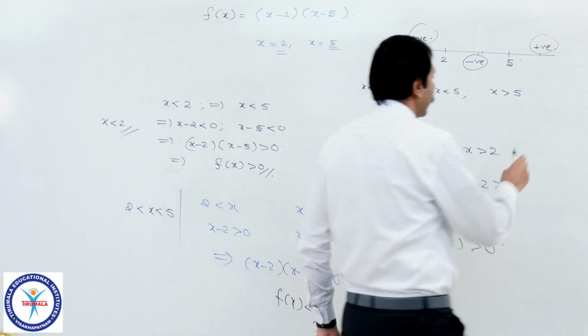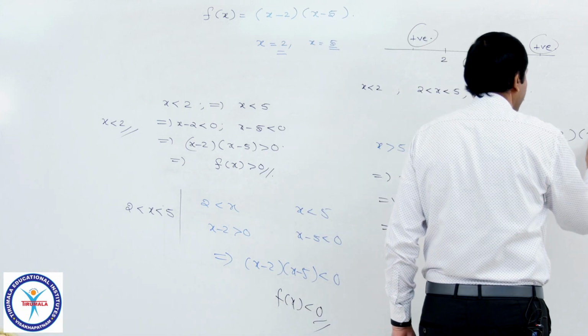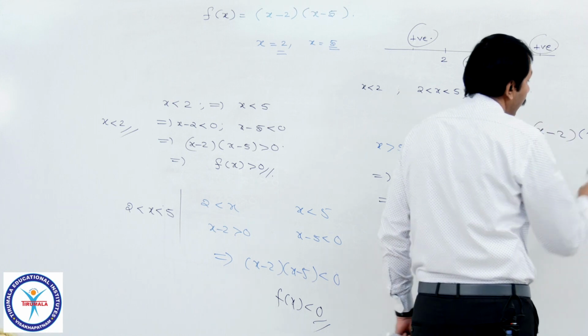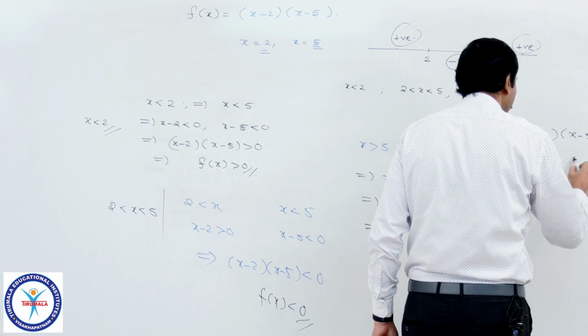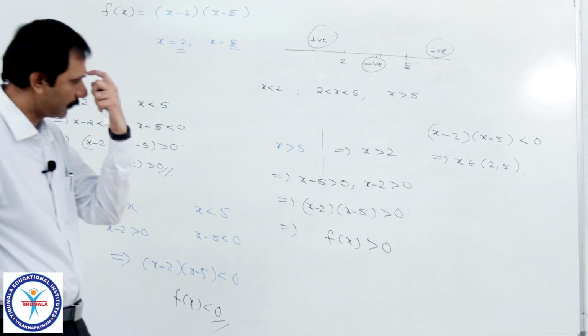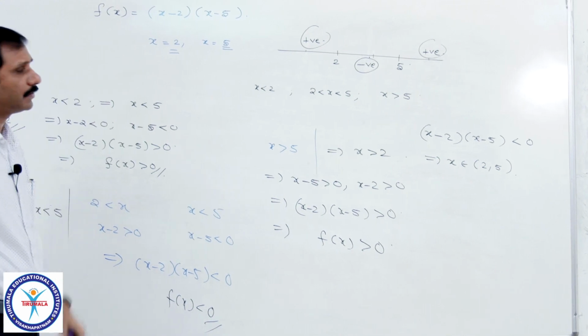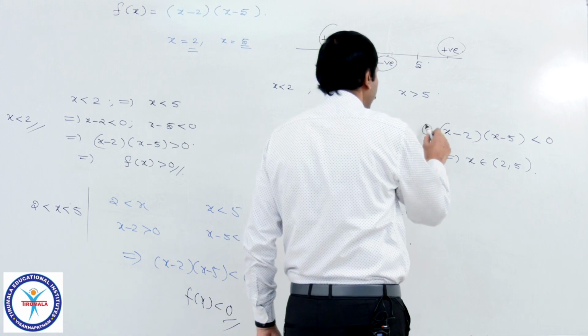Therefore, I can write (x minus 2) into (x minus 5) less than 0 implies x belongs to (2, 5). Hope you understood this one. Yes, between the zeros, this is negative. It is the first point.